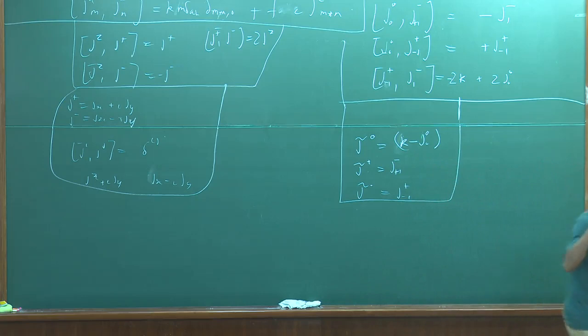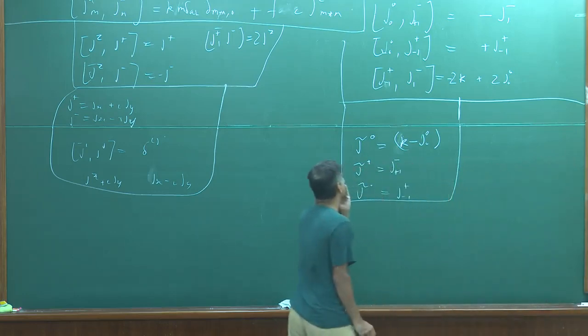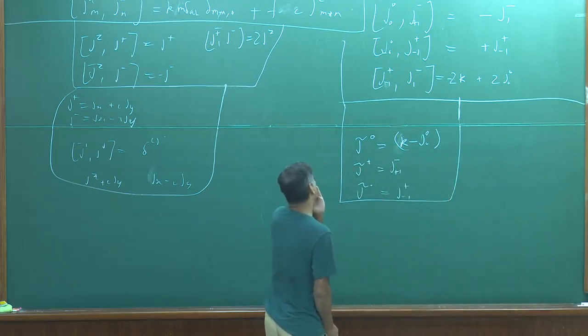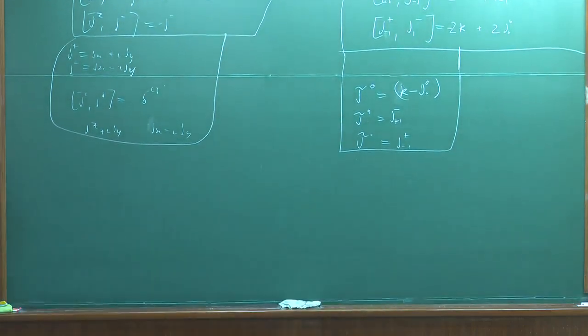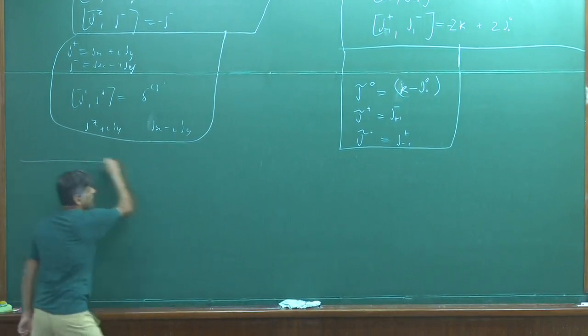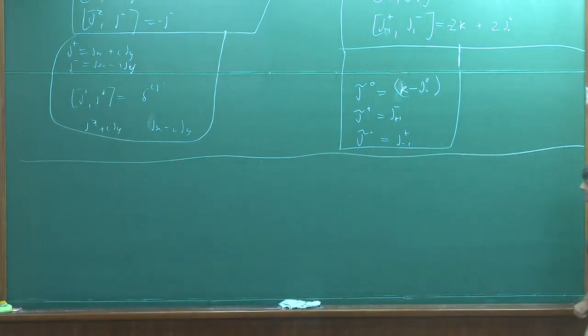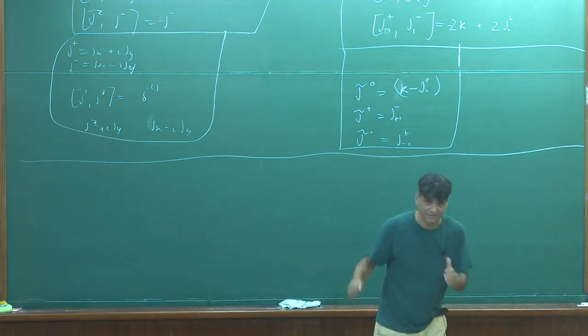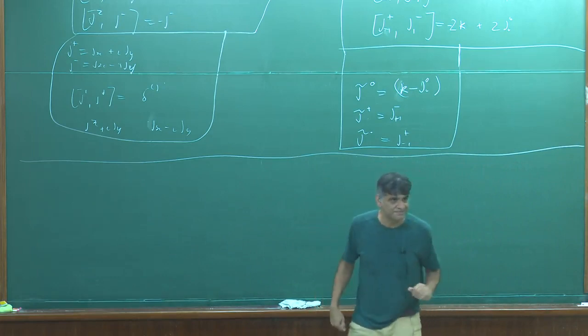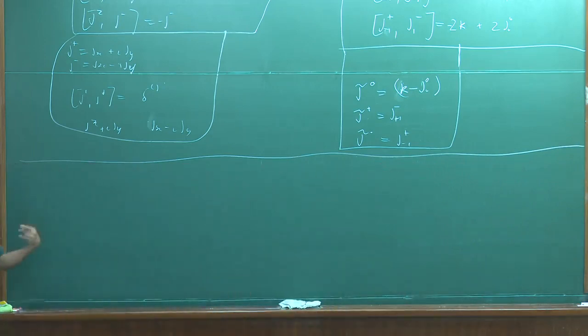But we've already learned something quite significant, namely that if we want unitarity, this k is not an arbitrary real number, but it has to be discrete. Now let's keep going.